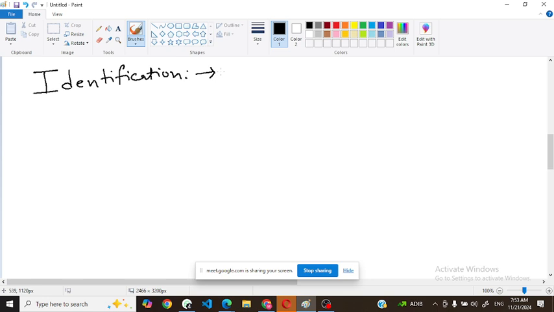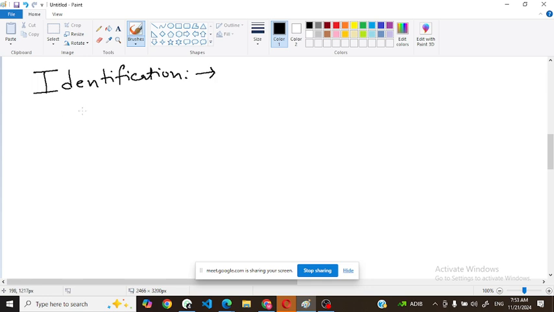In layer 3, data is divided into fragments. The process is called fragmentation, which works in layer 3, right? Yes, exactly.